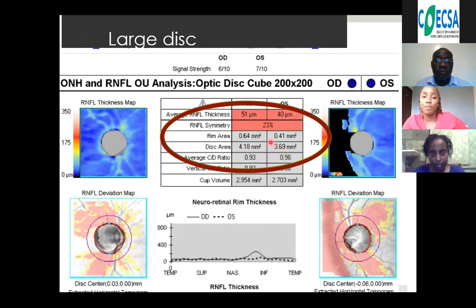So he may have glaucoma, because you can see his RNFL is quite thin. But as I said, if the disc is so large and it's outside what the OCT can measure, you may not get something accurate. But in this particular case, the patient probably had glaucoma. You have to look at the clinical findings. But it's important to note that the discs are very large.